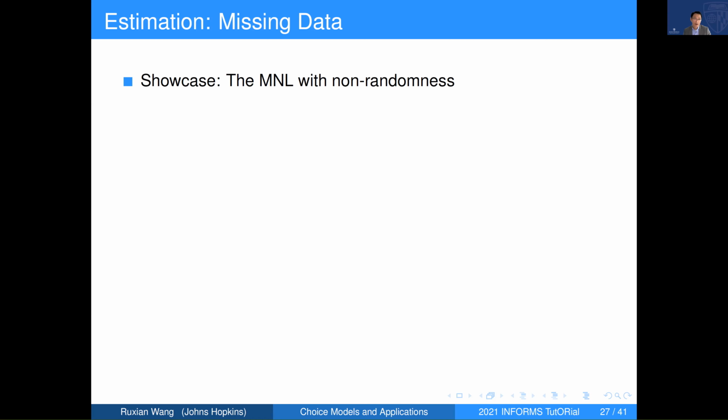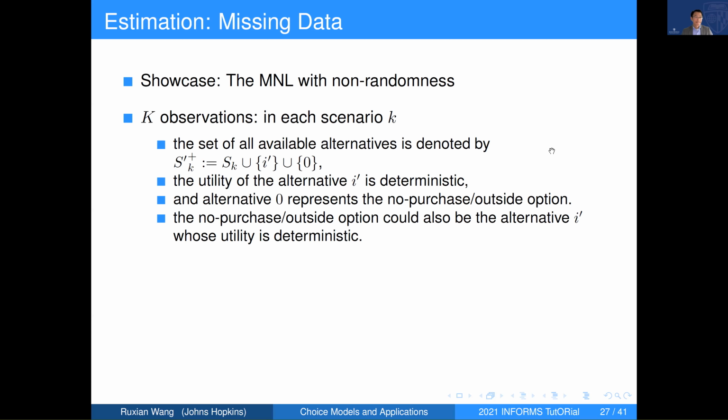The data may not be the one we want. So there may be some missing data issues. Here, I want to briefly present an example to show you how to deal with some missing data issues. We consider the MNL with a non-randomness, a little bit more than the standard MNL choice model. And here is the data.